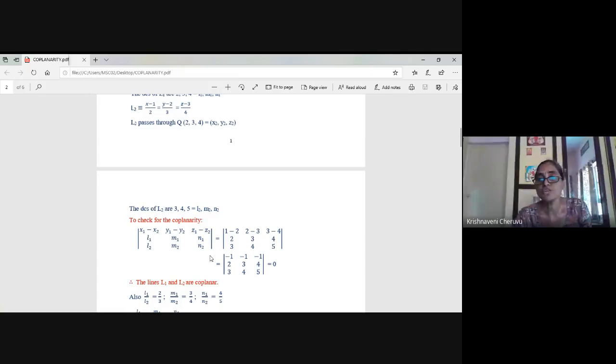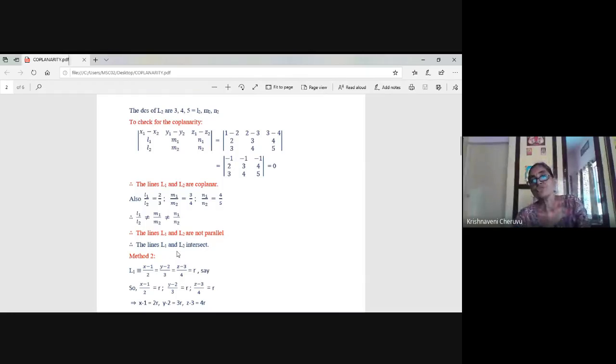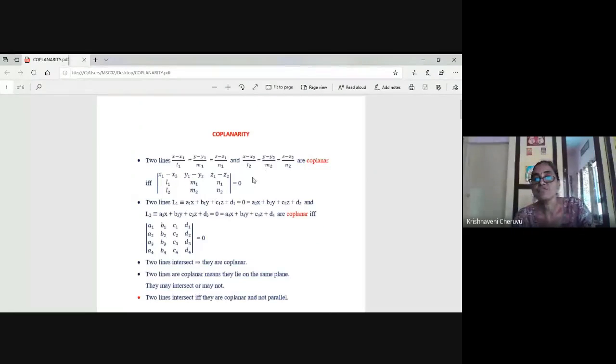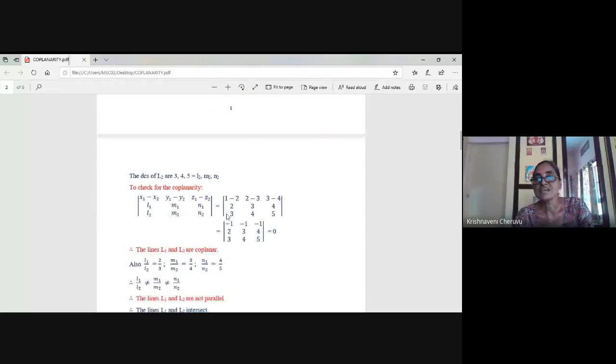Because the determinant of this is equal to 0, you can say that the lines L1 and L2 are coplanar. So the first part is over. We checked that these two lines are coplanar and both the lines are in symmetric form. When both the lines are in symmetric form, you must use this formula. Just remember the formula and apply it, substitute the values, and see whether it is 0. Because the determinant is 0, you can confirm that they are coplanar.